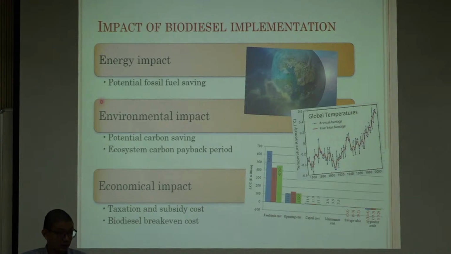And this links to environmental impact. So how much global warming impact will take place? What is the potential carbon saving, or the potential ecosystem carbon payback period, or we can say the overall life cycle analysis on the environmental side.